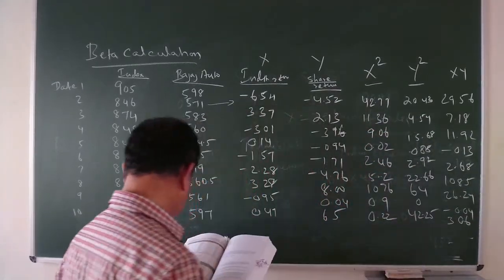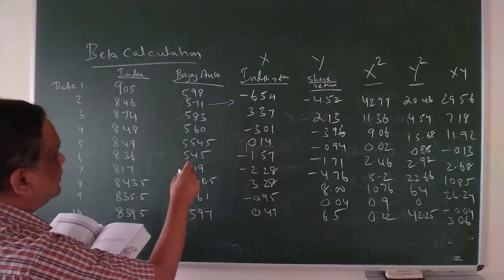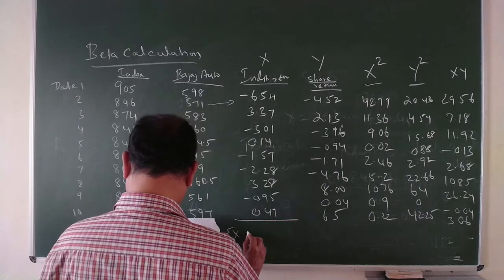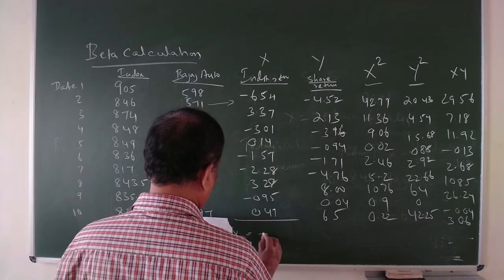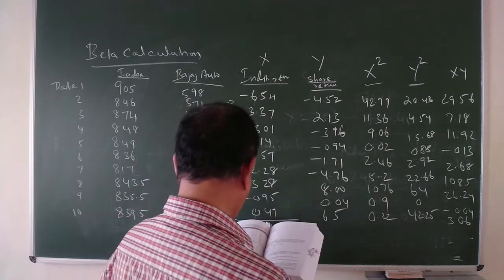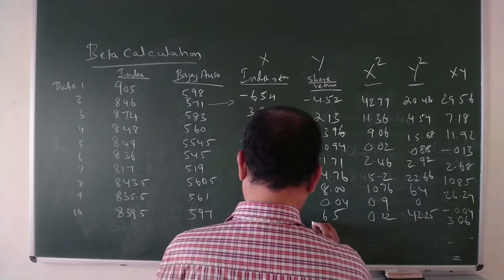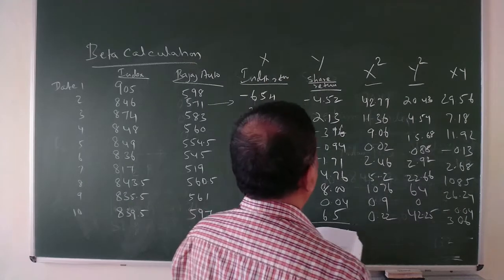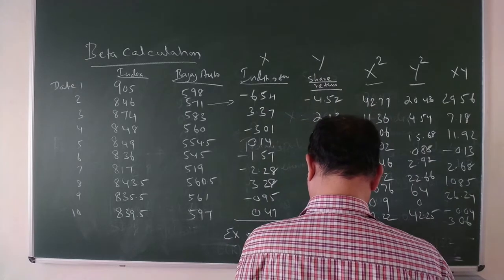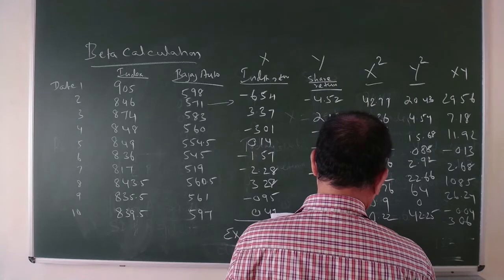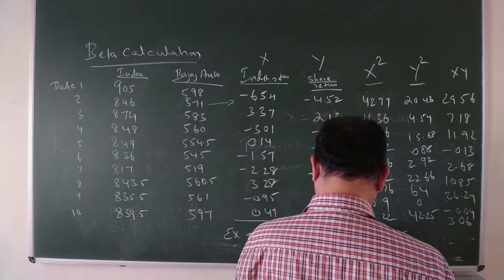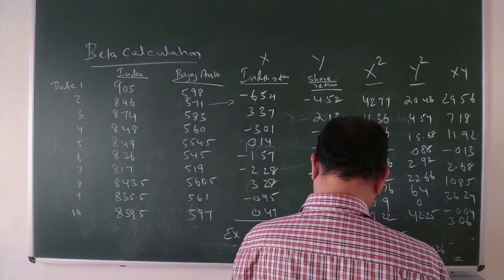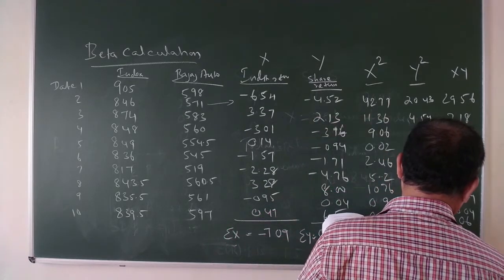So, you have to find out the summation. Index return, that is sigma x equals minus 7.09, share return, that will be 0.78, that is sigma y, and sigma x square is 82.75, sigma y square is 173.36, and sigma xy is 91.32.